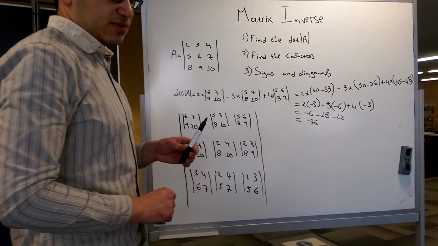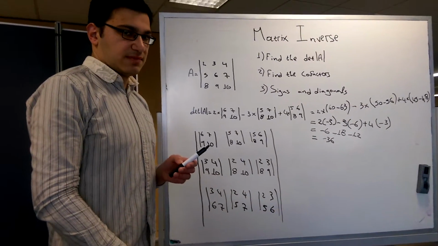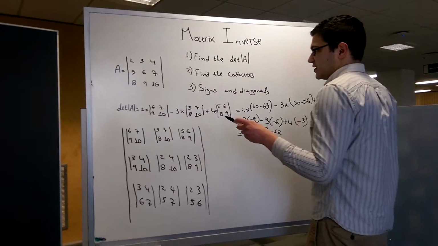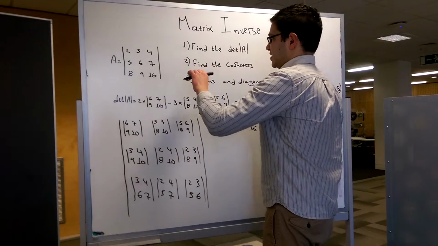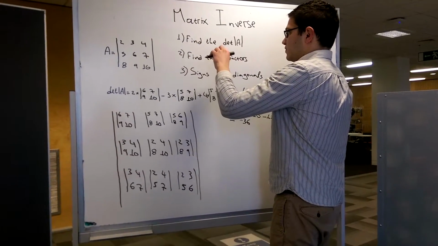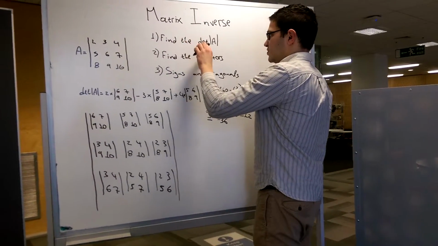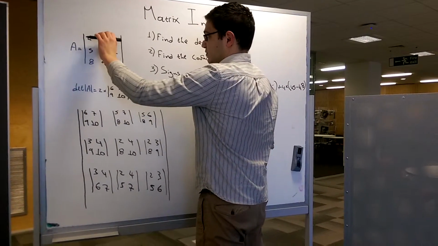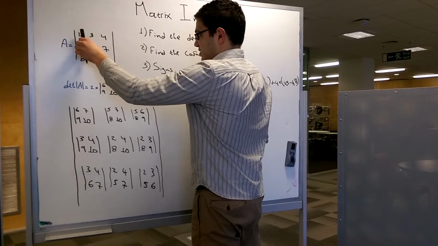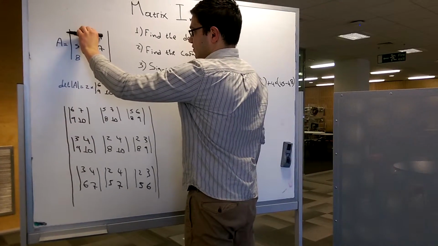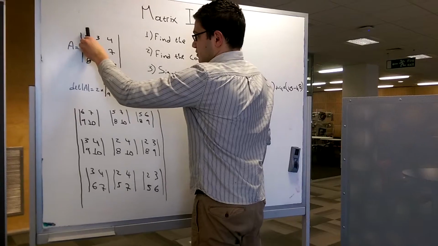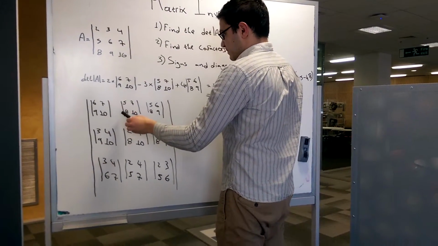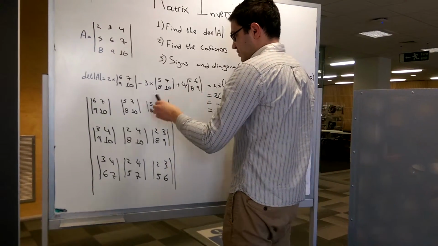Now, as we said, the second step is to find the cofactors. To find the cofactors, we follow the same steps as for the determinant, but we do it for every single row. So we first take the actual determinant, which is the first row with the first column. This is going to be 6, 7, 9, 10 is the determinant that we have here.